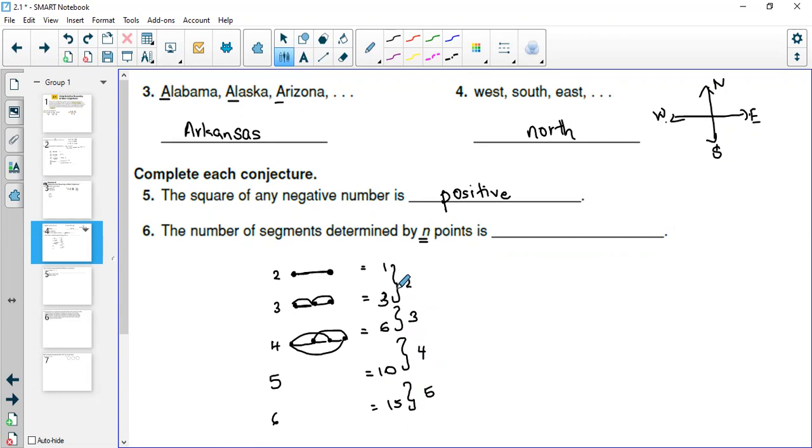That's why in the previous one they said less than n. So here we have 2, 3, 4, 5. If you want to find out a rule, let me start with n. Let me take one of these numbers, 2. The number of points is 2.